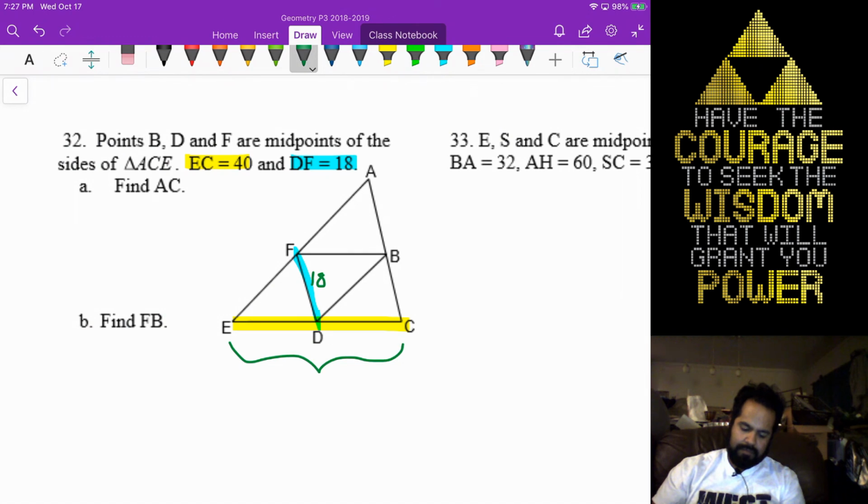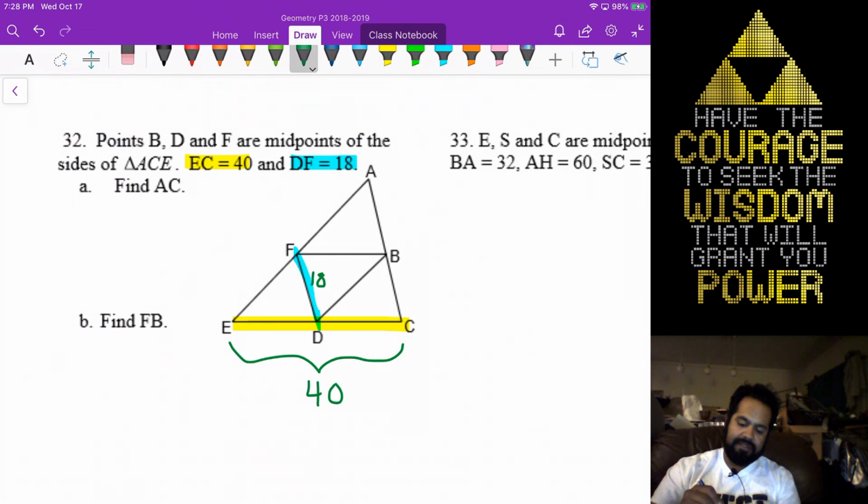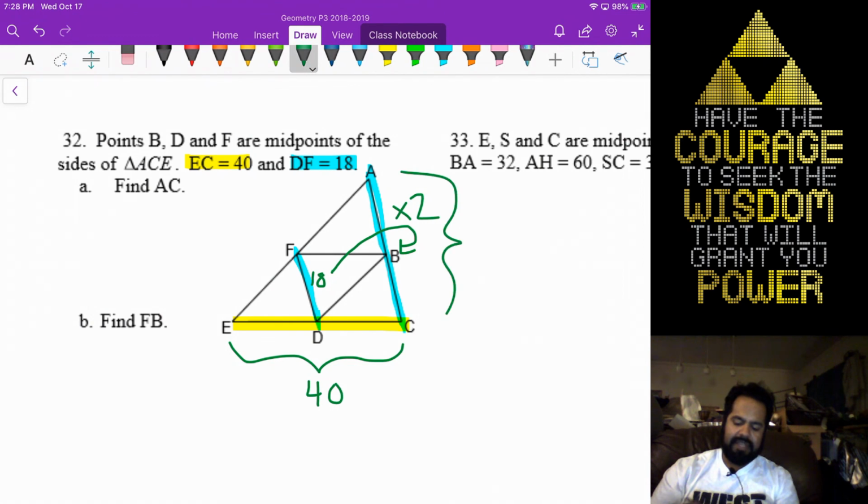Now AC is what I'm looking for first. So that blue line is going to match up with that blue line. Well, remember that we just simply double the short to get the long piece. So that's going to give us a total length of 36.